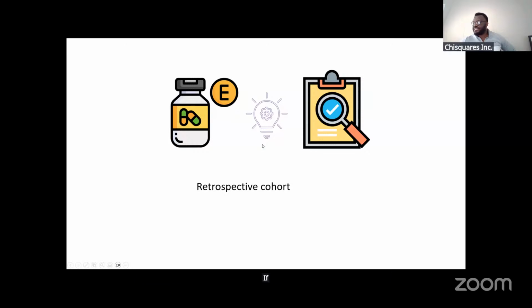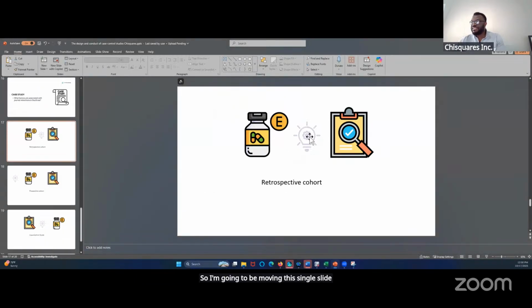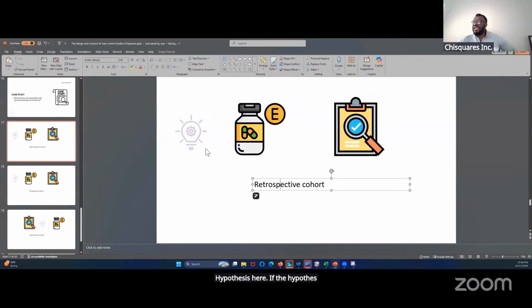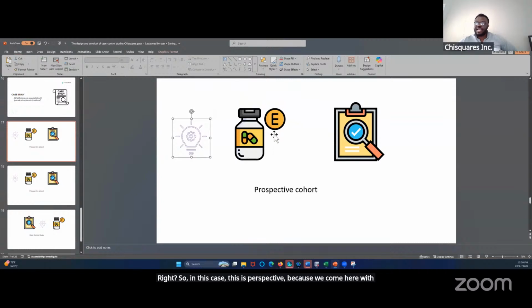If the investigator comes here, so we're going to be moving this single slide a lot of places. So here, you could have the hypothesis. If the hypothesis is here, and we're saying, okay, we're going to collect data among the exposure and see how it results in the outcome, this becomes a prospective cohort study, right? So in this case, this is prospective because we come here with a hypothesis and we will collect data among the exposed and non-exposed.